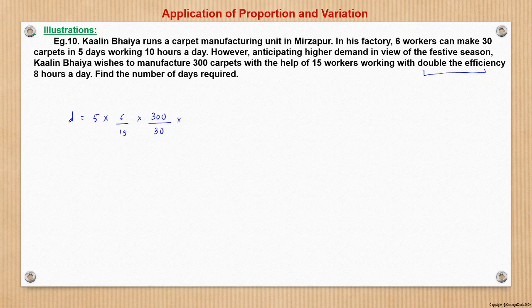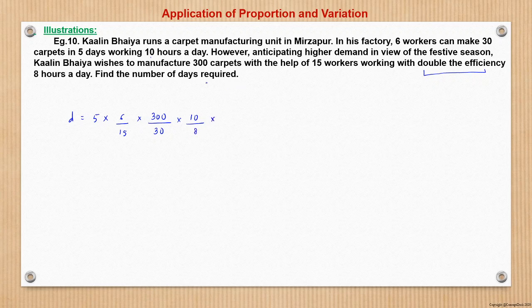Then the third variable is number of hours per day. More hours per day, fewer days required. So it has an opposite relation. The number of hours gets reduced from 10 to 8, right? So if the number of hours gets reduced, the number of days required would be more. So it will be 10 upon 8.